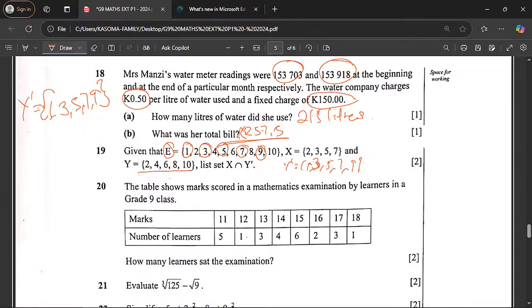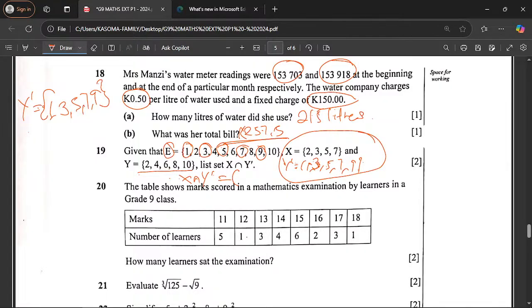Okay, so now the question is we come up with the set of X intersection Y complement. So we open the set here, then we say, is 1 found in both sets? Remember, we are comparing these sets, the ones I'm circling here.